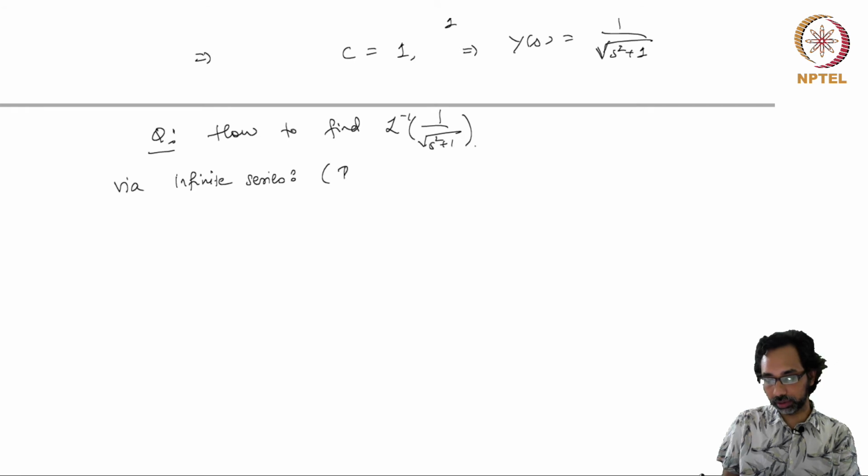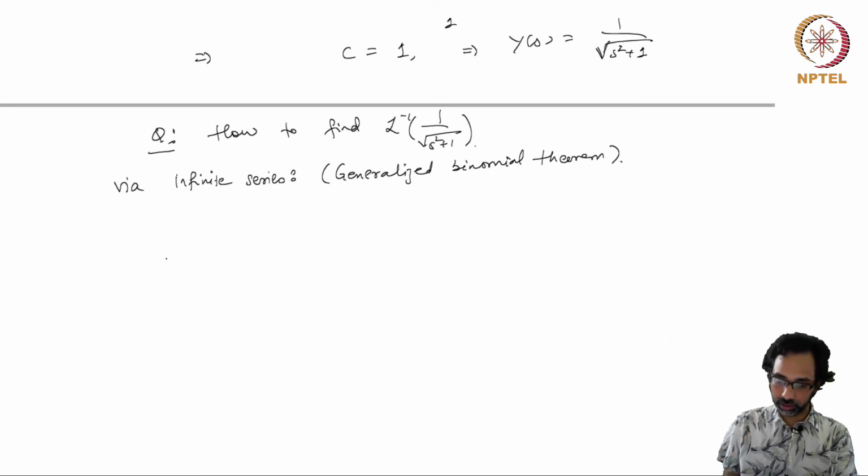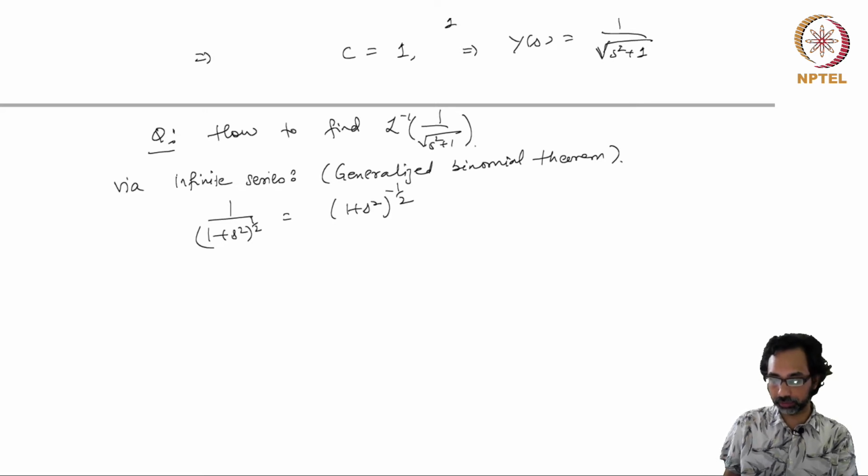By the generalized binomial theorem, we can write 1/(1 + s²)^(1/2), which is (1 + s²)^(−1/2).